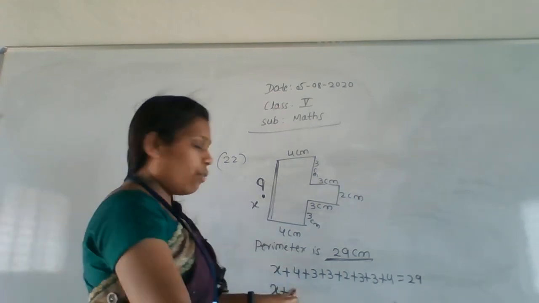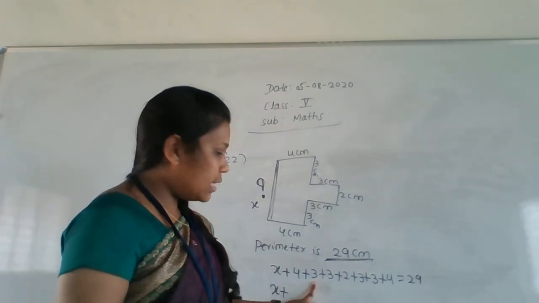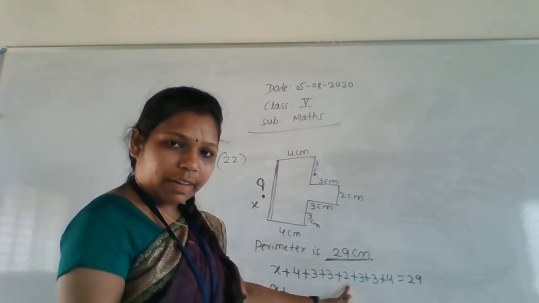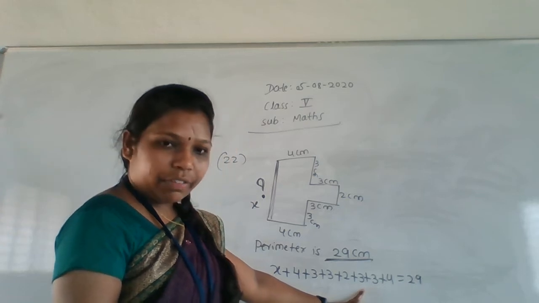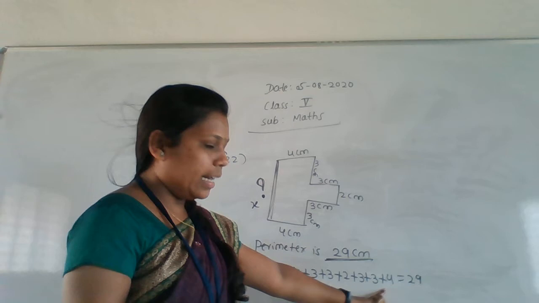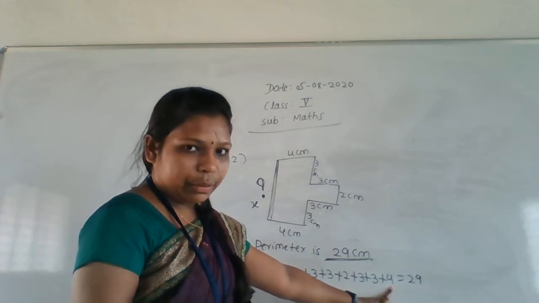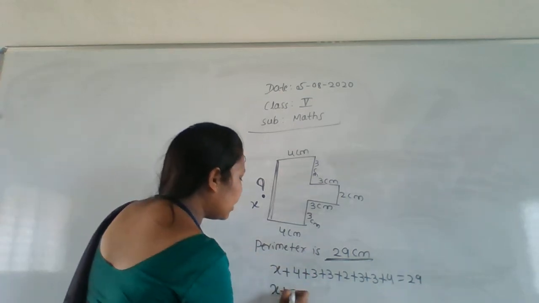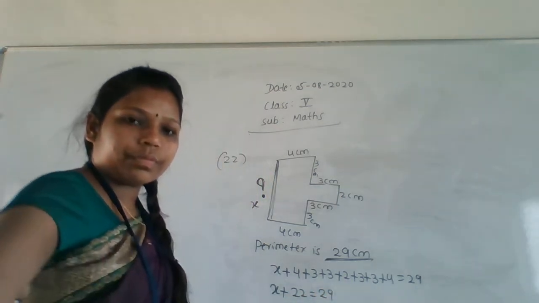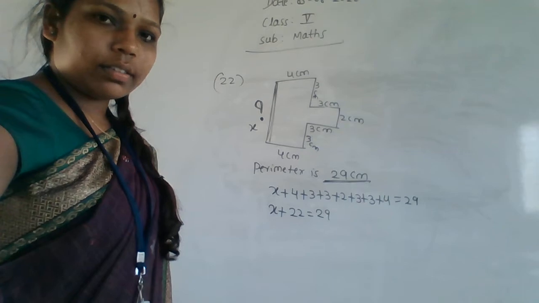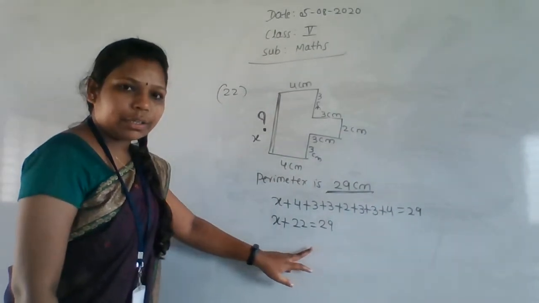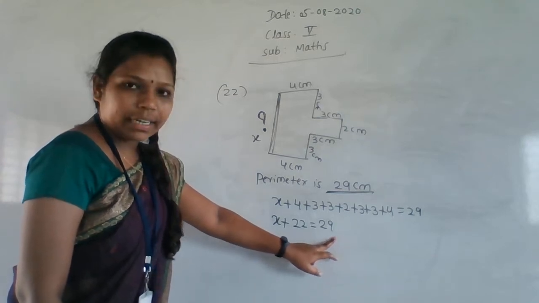That is 4 plus 3, 7. 7 plus 3, 10. 10 plus 2, 12. 12 plus 3, 15. 15 plus 3, 18. 18 plus 4, 22. Okay, so here we get 22. See here, x plus 22 is equal to 29.